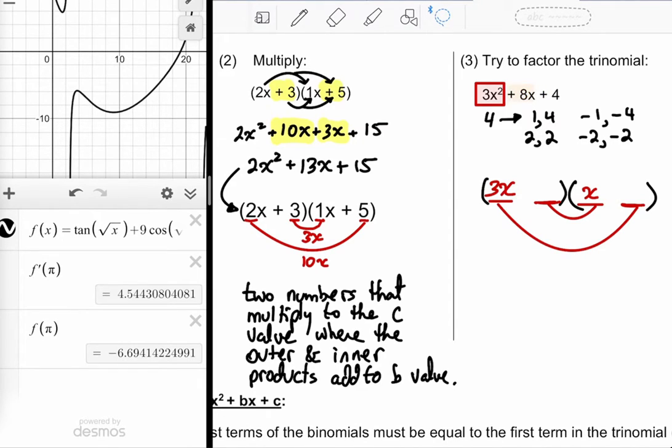Poor quality box there, so let me just do that again. All right, so you try something. And if it doesn't work, you try something else.